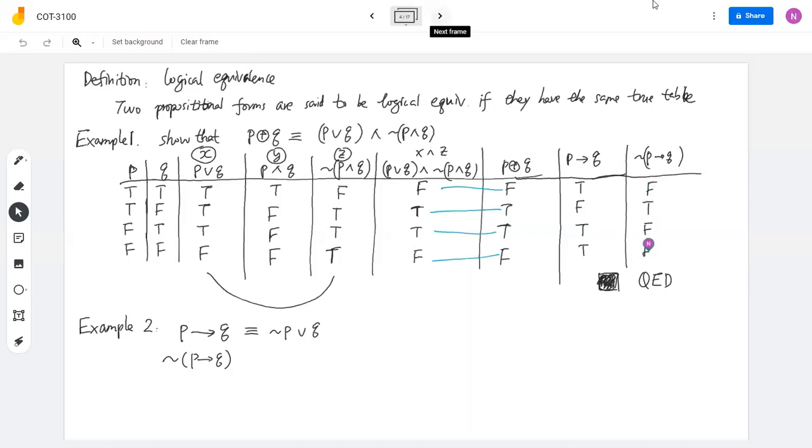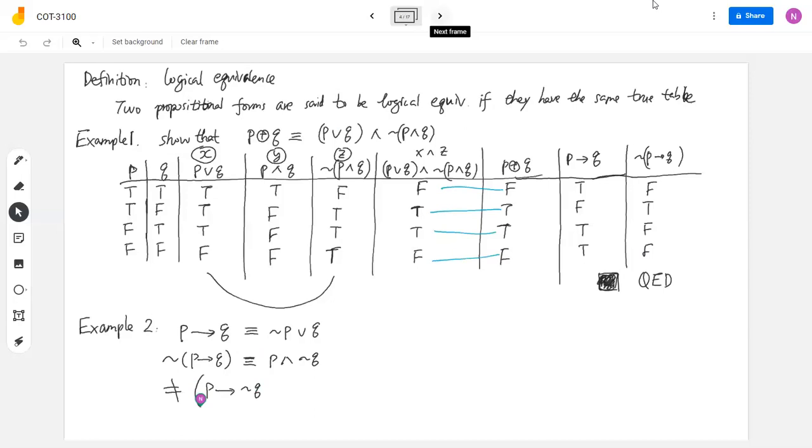And you can see, and it can easily be verified, that this is P and not Q. What we want to say is this is not equivalent to something else. So what is P implies not Q?